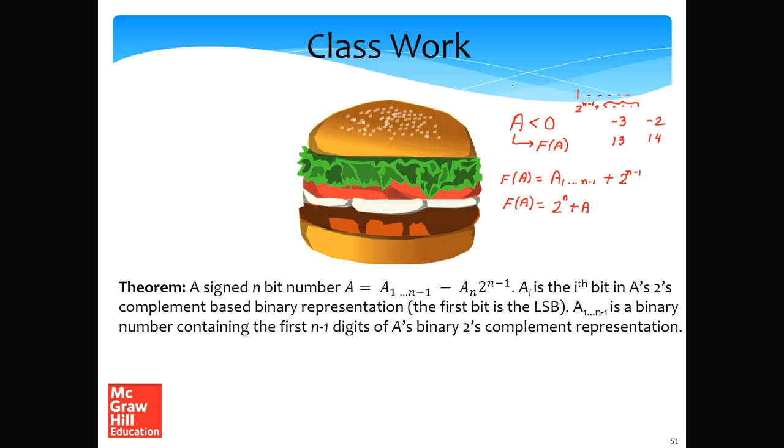So essentially, if we want to find the 2's complement representation of any number of the form minus u, where u is positive, its representation is basically 2 to the power n minus u, right? Since the number is negative, we just add it to 2 to the power n. For example, I want to find the representation for minus 1. I just add it to plus 16, so it is plus 15, which is 1111.